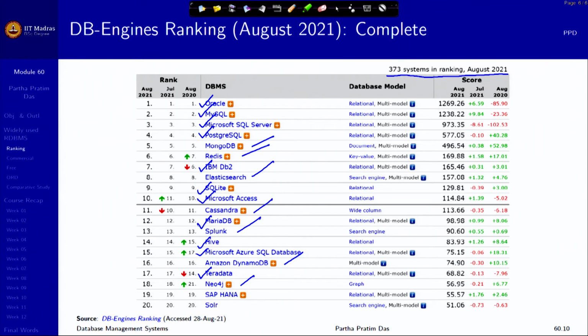Typically what happens is that for relational, a large number of enterprises use it because they need online transaction processing, OLTP, services.